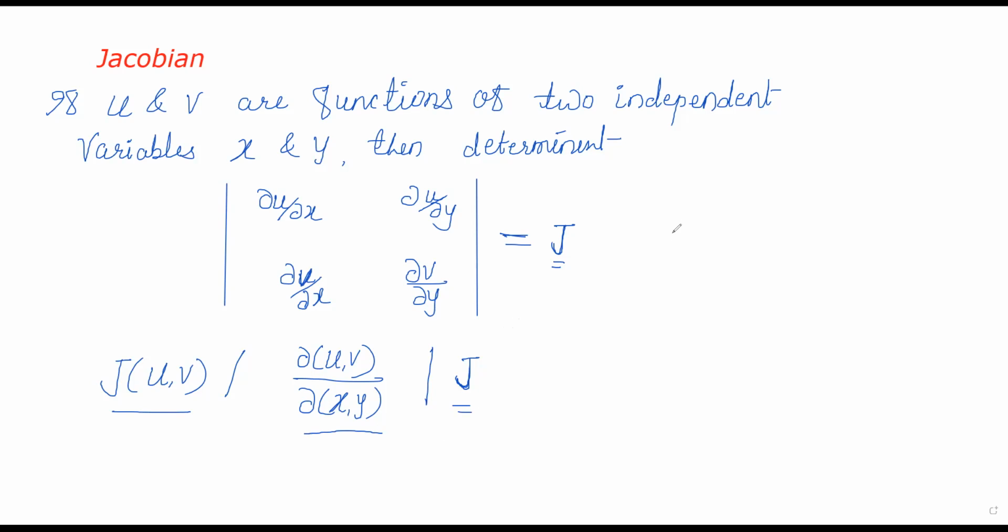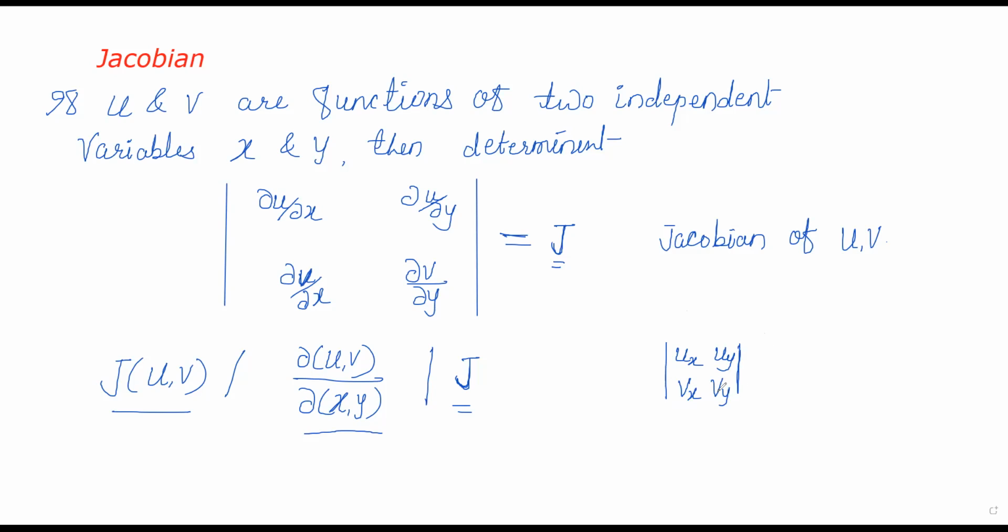Write down, it is called the Jacobian of u v with respect to x and y. In shortcut notation, the same determinant we can denote as ux uy vx vy.